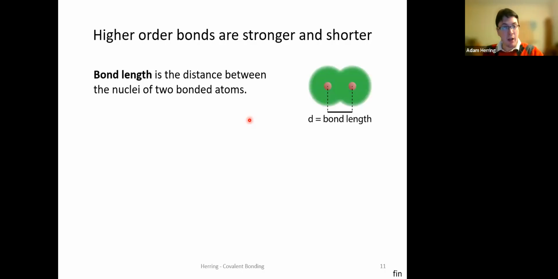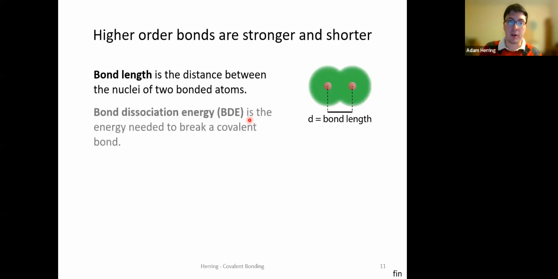Now, what's the effect of bond order on the properties of a bond? It turns out that bonds that have higher bond orders, bonds that have more than one bond, are stronger than single bonds and they tend to be shorter. The bond length is the distance between any two nuclei that share a covalent bond.